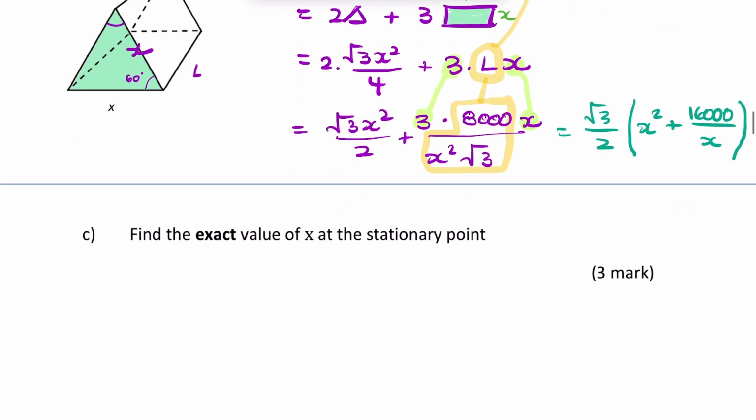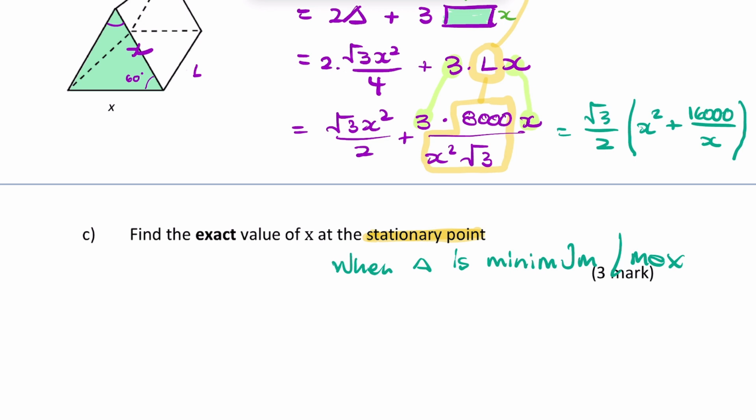The question then goes on to ask for the exact value of x at the stationary point. Now, stationary point, they haven't made that very clear. What they should have said is when A is minimum or maximum.